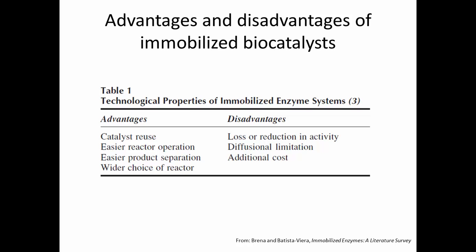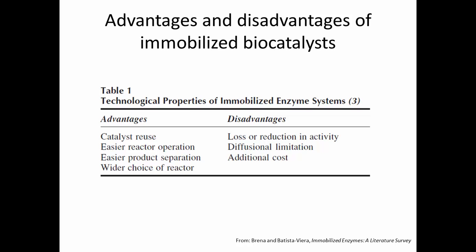It's easier reactor operation, and continuous bioreaction is much easier to attain. There's easier product separation because we don't have to separate the product from the enzyme. We can have a wider choice of reactor, and even some fancy reactors where the immobilized catalyst is separated from everything else.